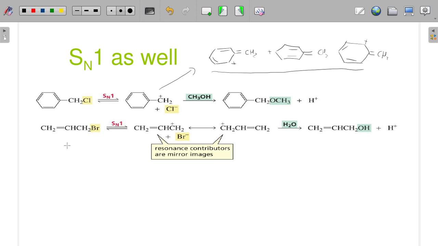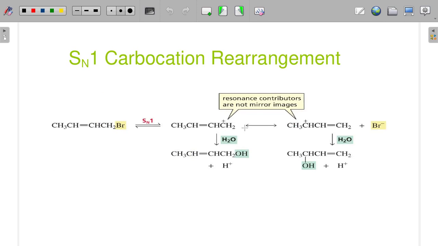Now on our allylic, we have to be careful. The reason I don't have to worry about it on this particular example is because I have a very symmetrical molecule and both carbocations look the same. But if I were to go with something a little bit different, I get two different carbocations, and because of this, both of them get attacked by that OH.